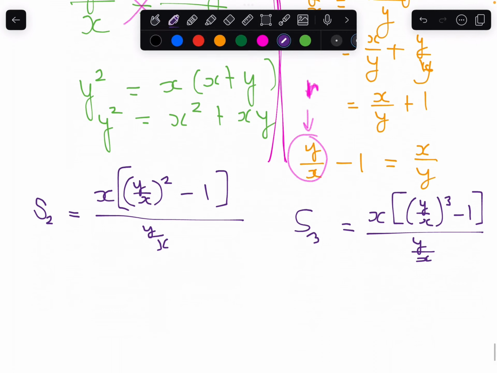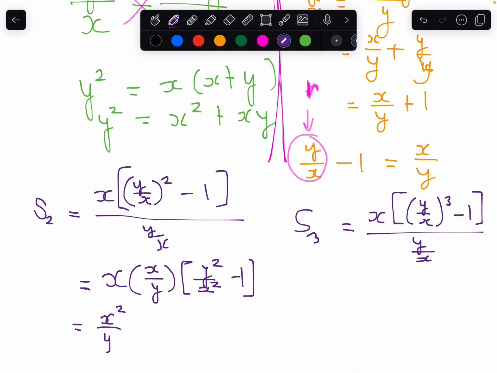Okay, so I'm just going to simplify these a little bit. Dividing by y over x is just the same as timesing by the inverse. So this will be the same as x times x over y, and over here we have y squared over x squared minus 1, which is x squared over y times y squared over x squared minus 1.